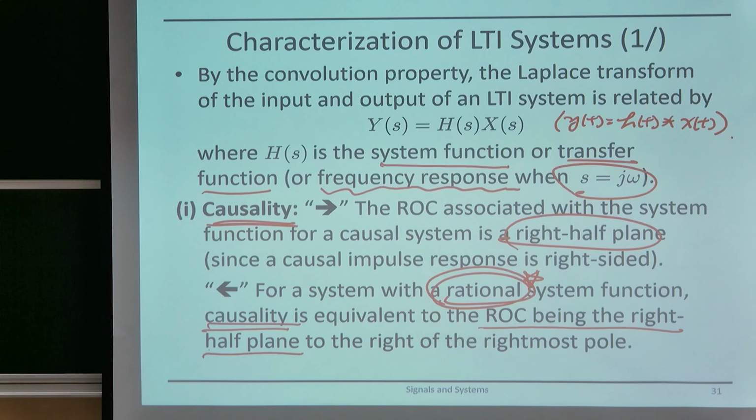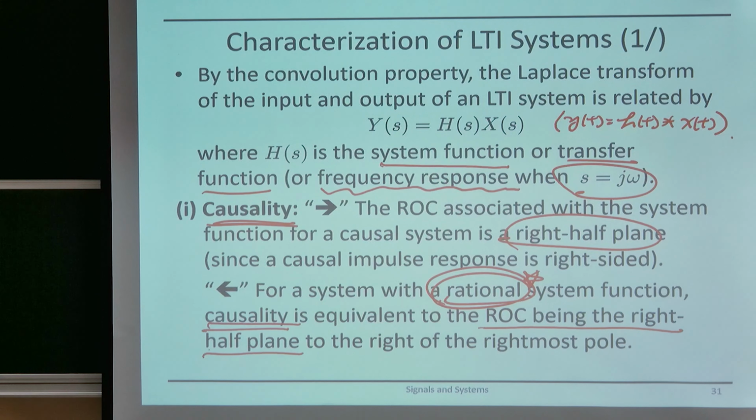Now, conversely, the converse is not exactly true. Because if you know that the ROC is the right half plane, then you only know that the impulse response is right-sided. But a right-sided impulse response is not necessarily causal, because it can start from a negative time.